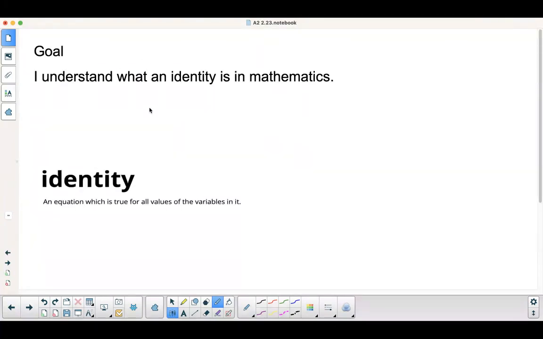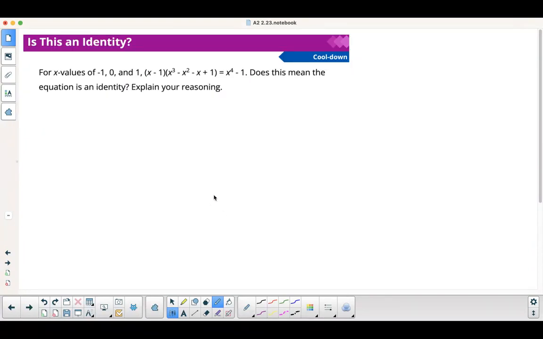All right, so our goal, I understand what an identity is in mathematics. It's two expressions that are always equal. So here you can write this down if you need it. An identity is an equation which is true for all values of the variables in it. Okay. All right, last thing. For the x values of -1, 0, and 1, they tell us that this on the left is equal to x to the 4th minus 1.